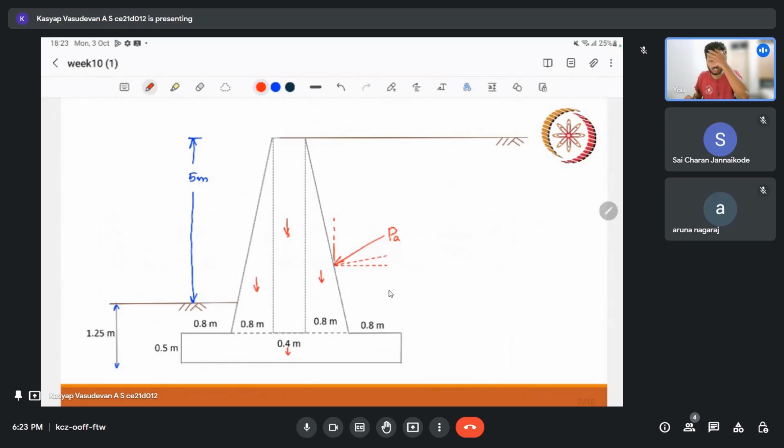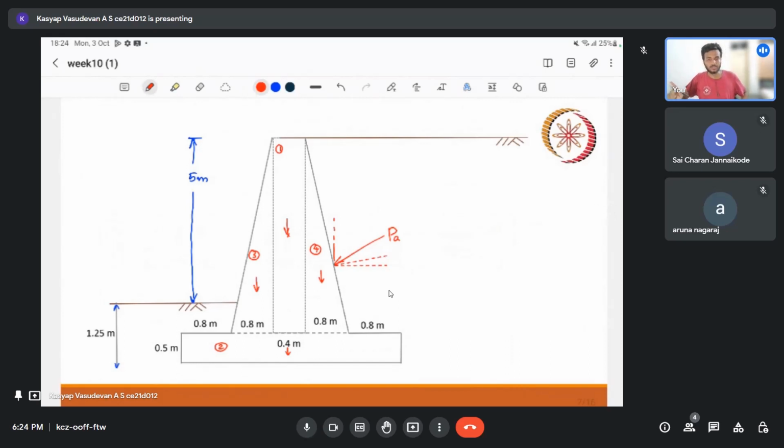We can divide the cross section into four parts here, one, two, three, and four. So all this we can add, and we'll get our self weight of the wall, and we'll have two more loads. That is our resolution of our lateral earth pressure load. Using Coulomb's, we can do that.